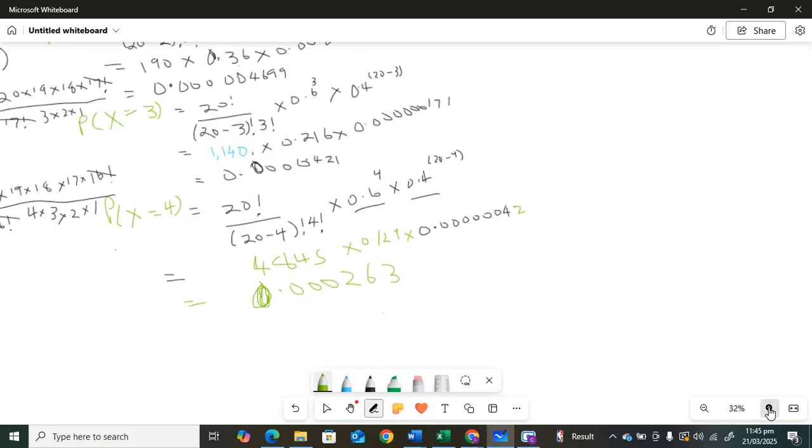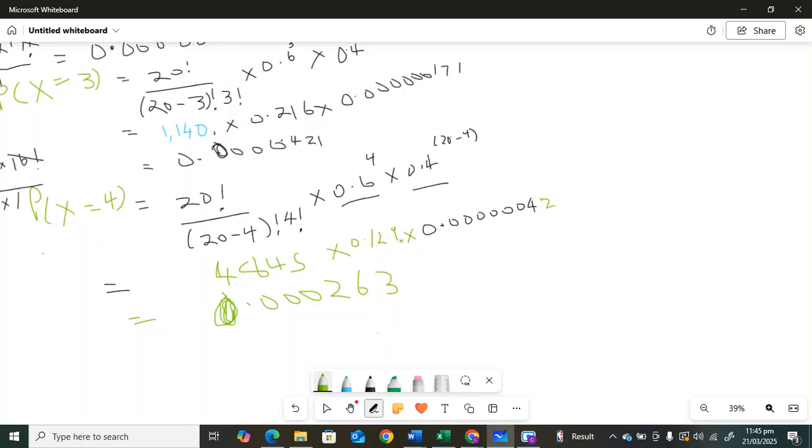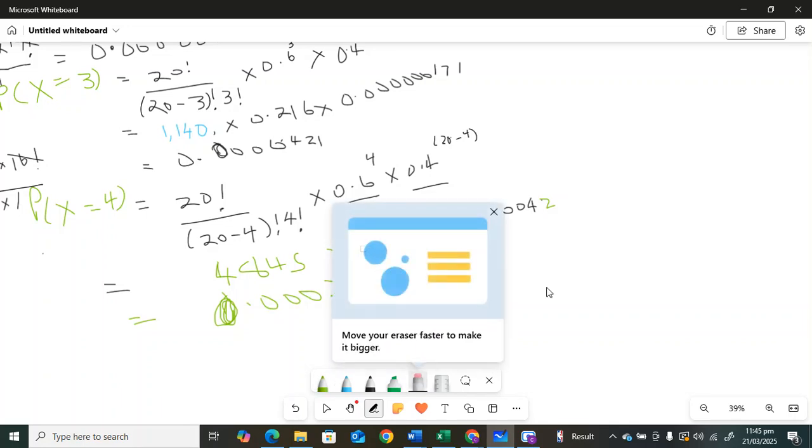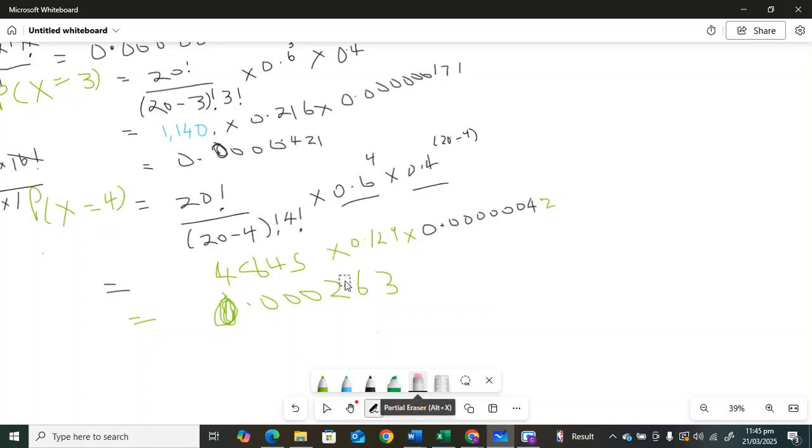We need to verify this. Who else? Mr. Twambo, what calculator are you using?